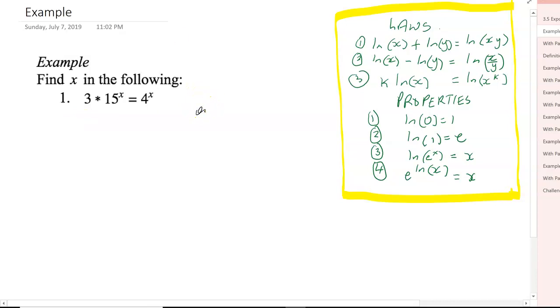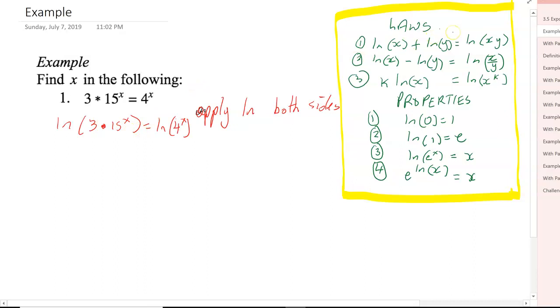Apply ln to both sides. And so we have ln of 3 times 15 raised to the x equals ln of 4 raised to the x. Now we want to think of ln of 3 times 15 to the x.